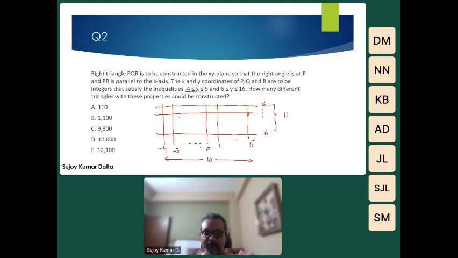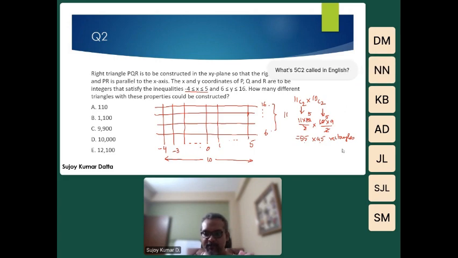So if you want to find how many rectangles you can make, it is 11C2 times 10C2. 11C2, if you calculate, is 55, and 10C2 is 45. So you basically have 55 times 45 rectangles in this figure. Leave it at that. We don't need to actually find the value.